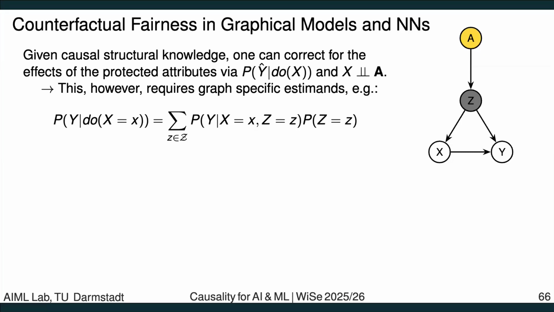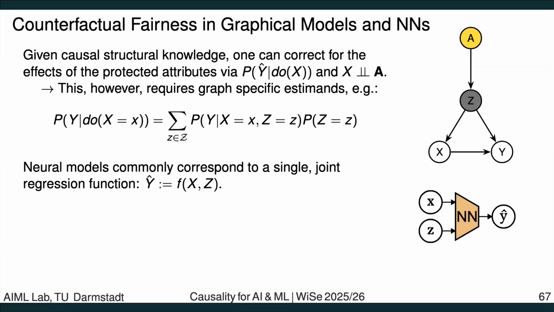But if we look at this expression, right, it's not some simple probability that we compute. And what this basically means is that only because we are able with our causal model to estimate and debias this effect does not mean that our neural network, if we just plug in X and Z into it, learns the correct distribution, right?